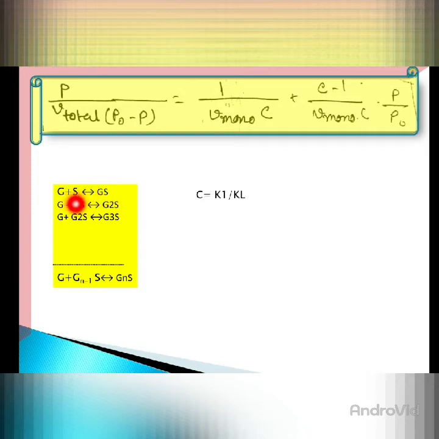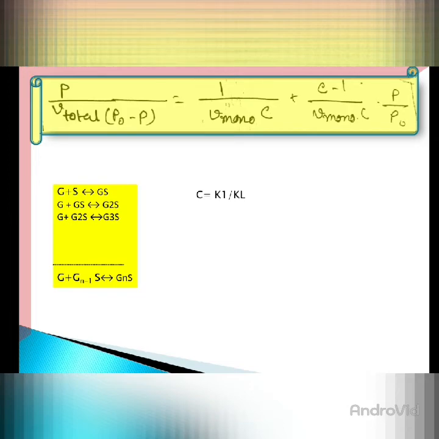The rate constant of the first reaction is equal to K1, and KL is the rate constant of the rest of the equations. Now why is it considered that the rate constant of all the other equations, rather than the first equation, is taken as the same, that is equal to KL?